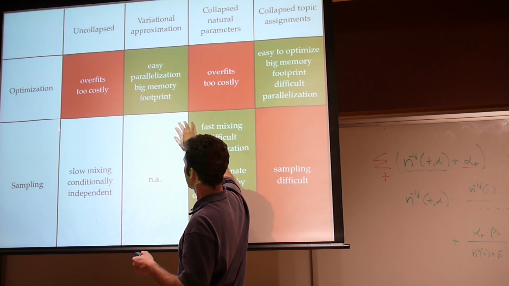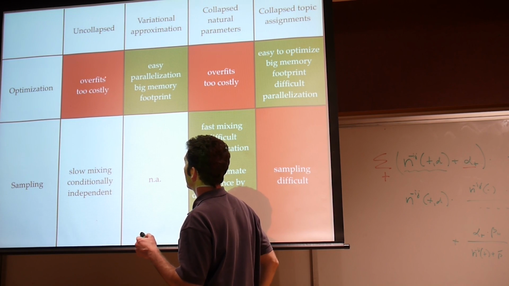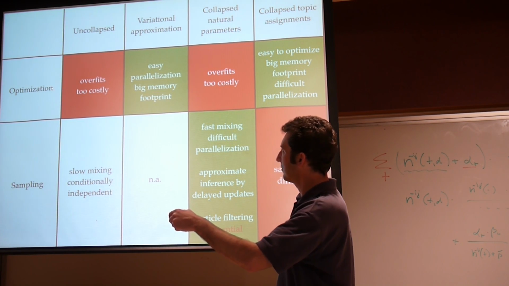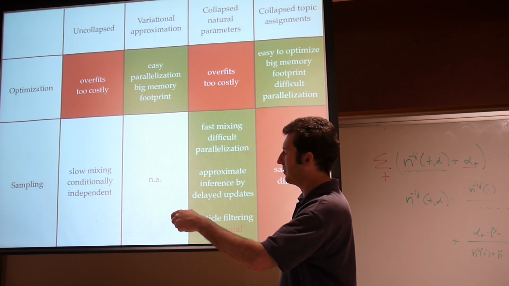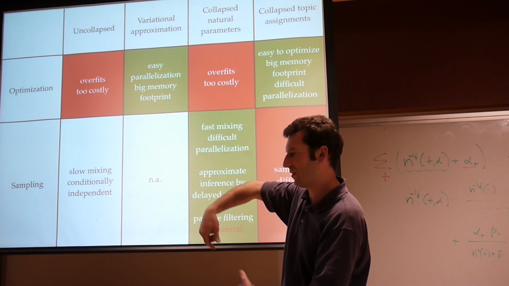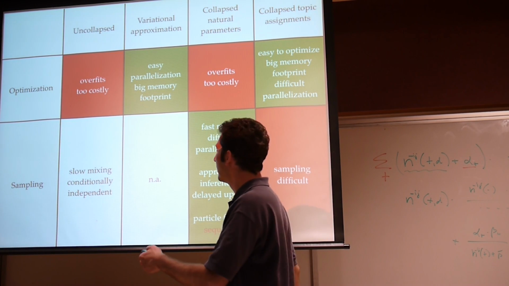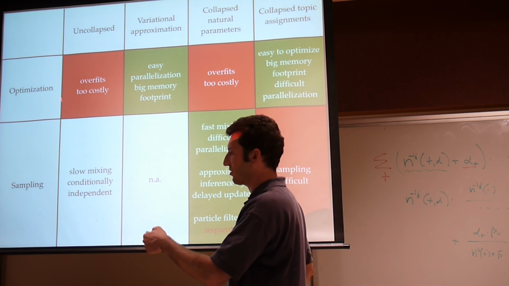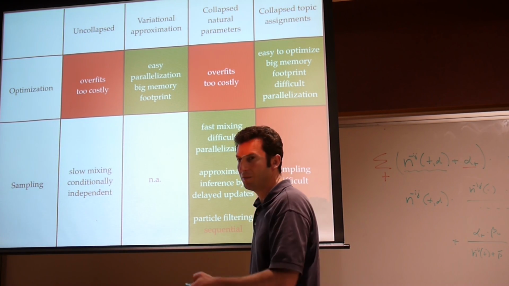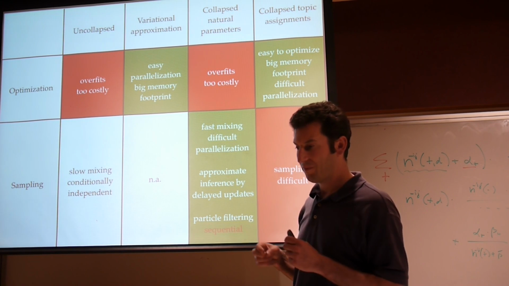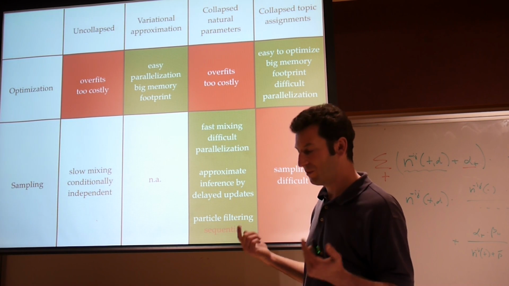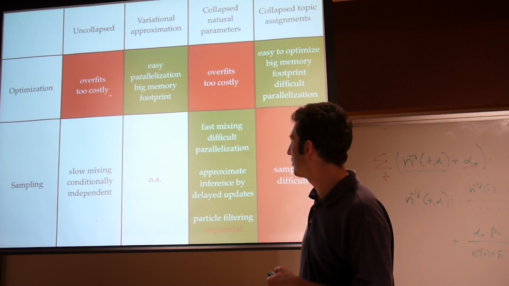And so what you could do is just use the uncollapsed likelihood and optimize over everything. So you could say, we have the topic distributions, we have the word distributions, and we have the topic assignments, and we just jointly optimize over everything. And if you do that, it overfits like crazy, because the mode of the joint likelihood is not a very good model for the joint distribution.